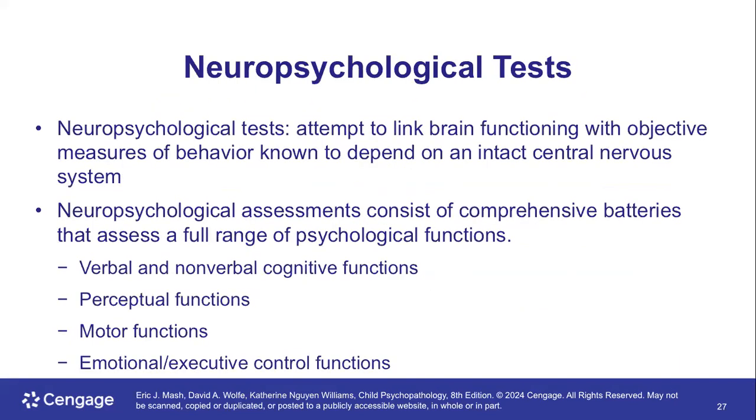We also have neuropsychological testing. So here, this is more about brain functioning or higher order cognitive functioning. So neuropsychological assessments are a battery of tests that might tap into verbal and nonverbal cognitive function, spatial awareness, motor functioning, emotional regulation factors, other executive functioning.